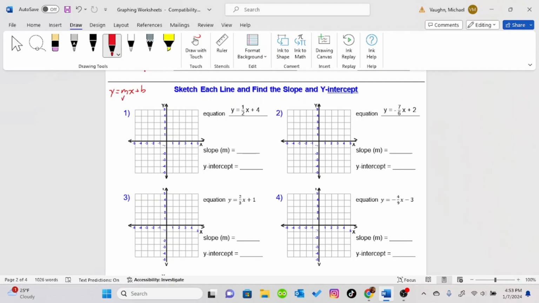M is the number in front of x, and that is always your slope. And b is the number by itself, and that is always your y-intercept.